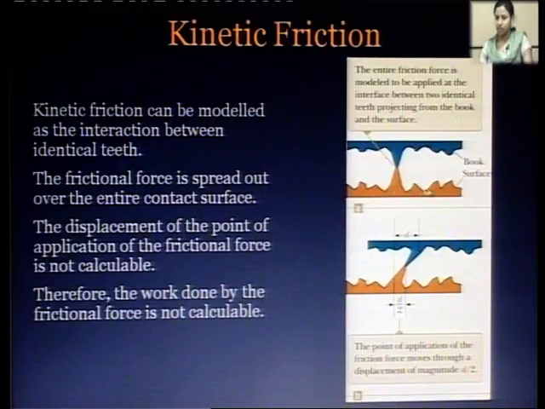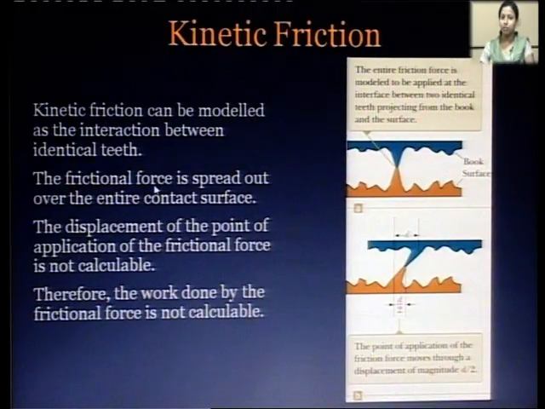These two surfaces are rough, not smooth. If the two surfaces are smooth, then there is no friction, but if they are rough, then there is more friction. So the contact of the book becomes the contact with the wood.